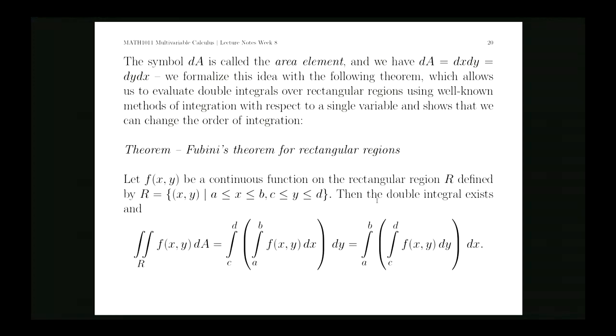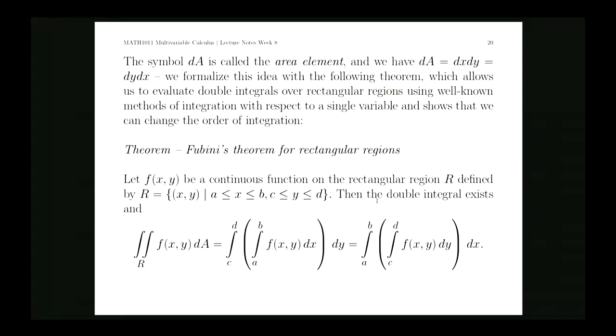Right? Now, as I said, the symbol dA is the area element, which is either the dx times the dy or the dy times the dx. It makes no difference, right? But Fubini's theorem says, let's say we've got some function z equals f of x, y, and I want the volume, right? And I use the term volume loosely. If it sits above, it's positive, below, it's negative.